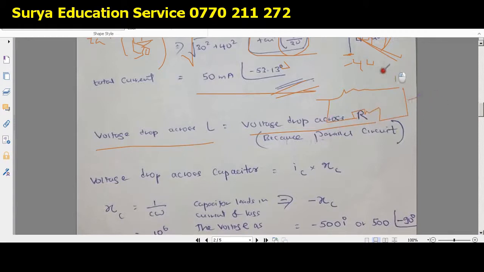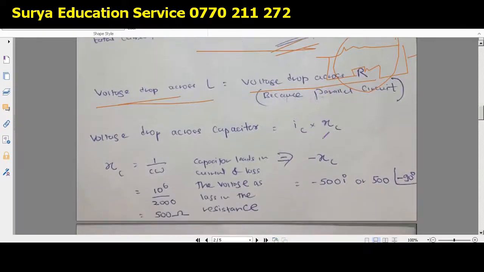So now these two can be considered as a parallel circuit. So the voltage across the inductor is the same as the voltage across the resistor, and the voltage drop across the capacitor you can find because you know the current across the capacitor, and you can evaluate the reactance component for the capacitor, right? So I will teach you that, guys.